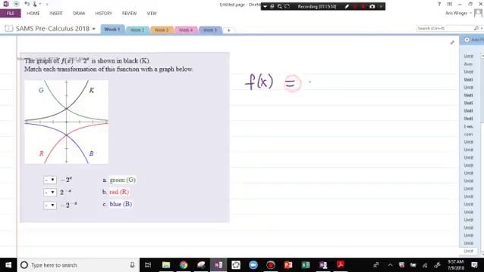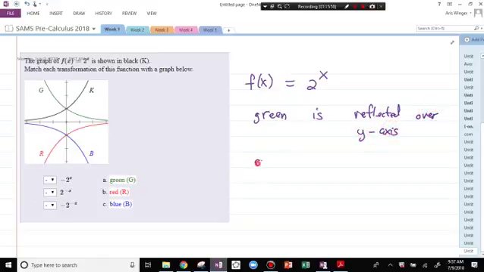This might be my favorite function, period. 2 to the x. And so the green is reflected over the x-axis. I'm sorry, the y-axis, right?